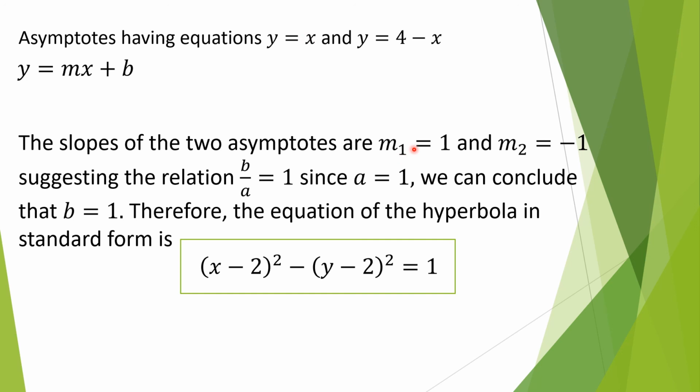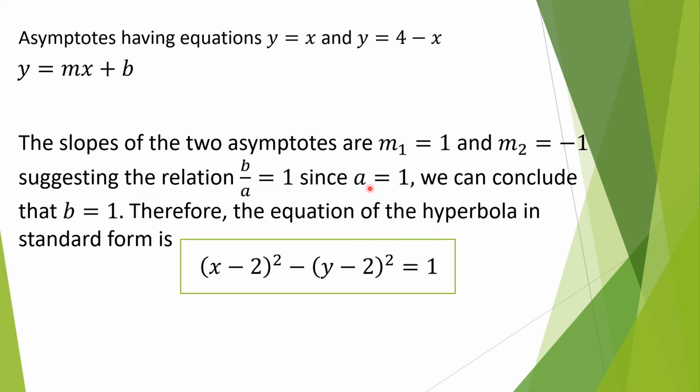Then m sub 2 is negative 1, since this is in the form y equals negative mx, so the slope here is negative 1. This suggests the relation b over a equals 1.